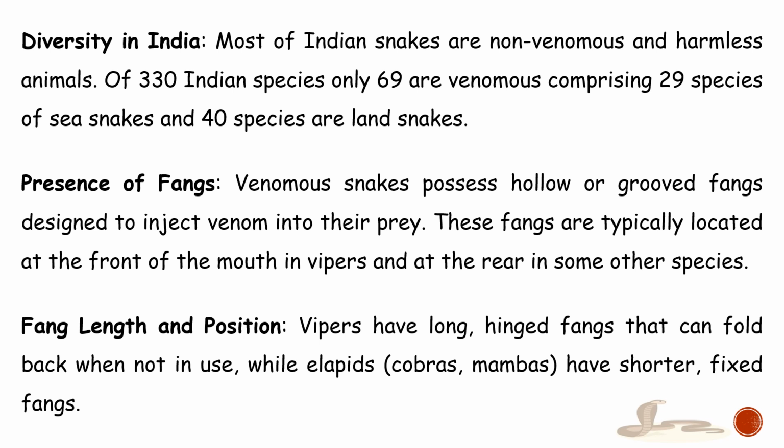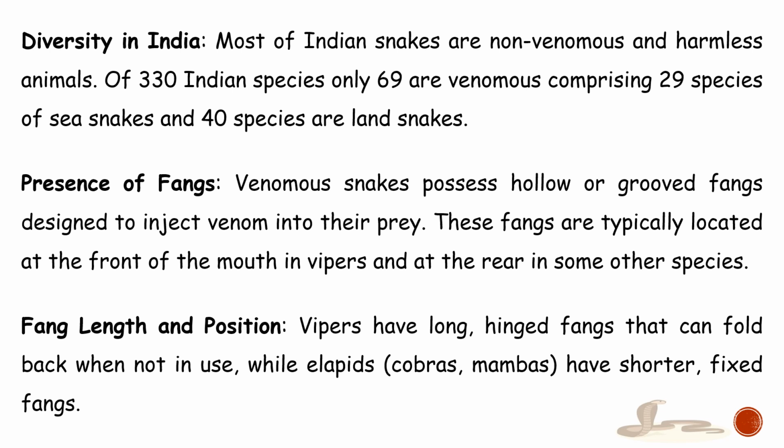In vipers, the fangs are located in front of the mouth, and in some other species of venomous snakes the fangs might be present at the rear end. Fang length and position also vary.